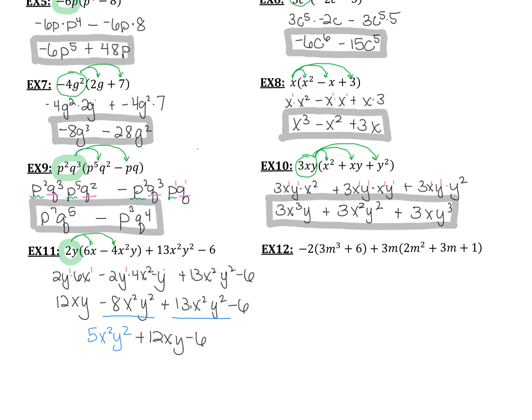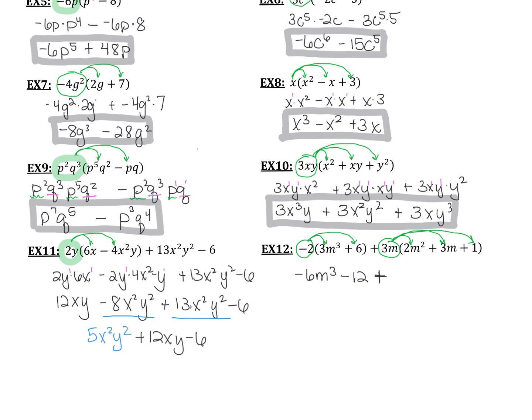All right, here we go. I'm going to take negative 2 and I'm going to distribute negative 2 in. I'm also going to distribute 3m into everything in the parenthesis that it touches. That would give me negative 6m cubed minus 12 plus.